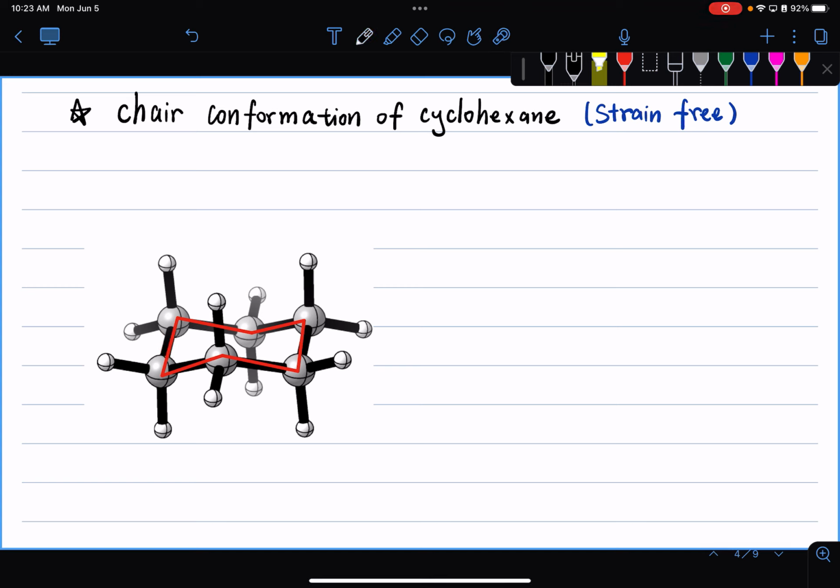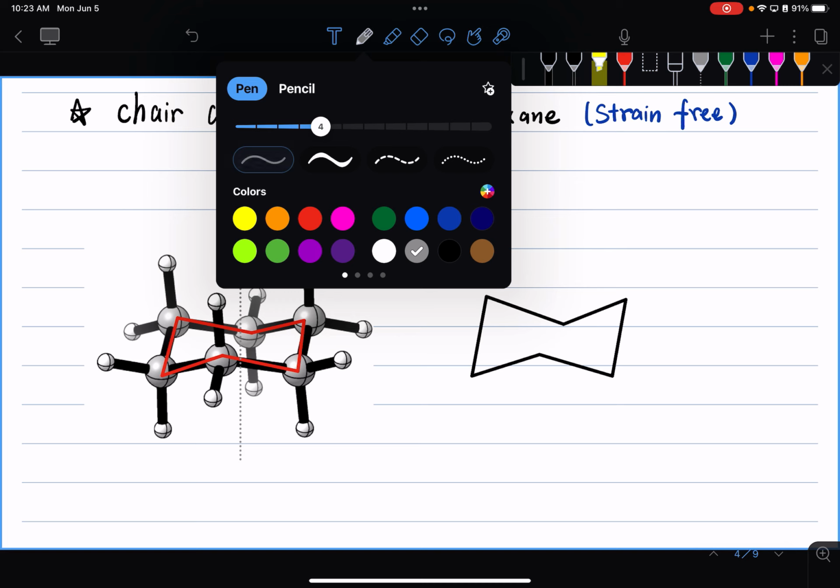So we have one V shape that's curving down, and in the front, a V that's curving up, and then we connect these shapes. On each carbon, you have hydrogen atoms attached. Let's say this is my internal molecular axis.